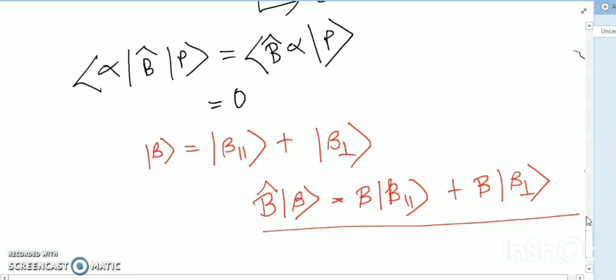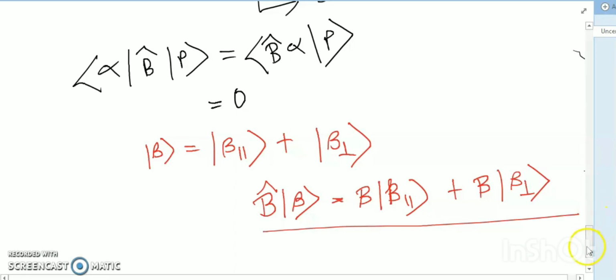Next, if B did not have these properties, then B could move the two components elsewhere. But we proved that they must either stay in the eigenspace or stay orthogonal to it.